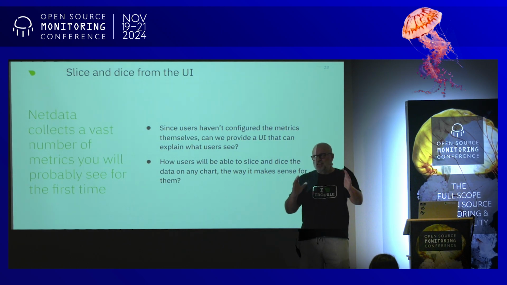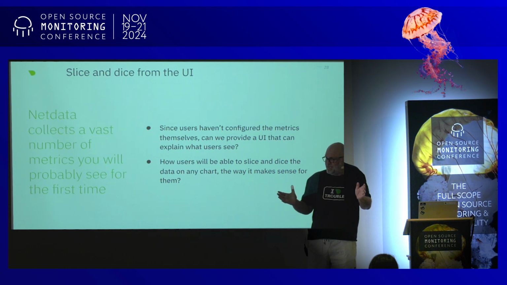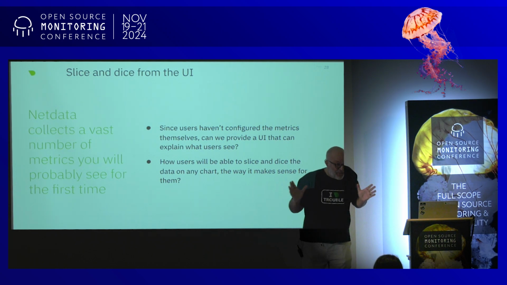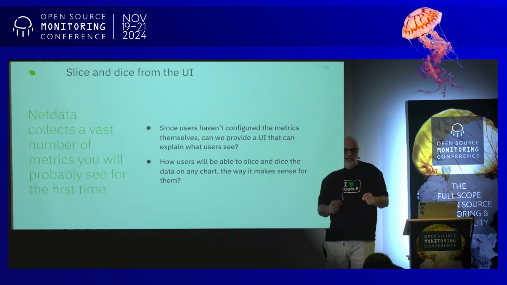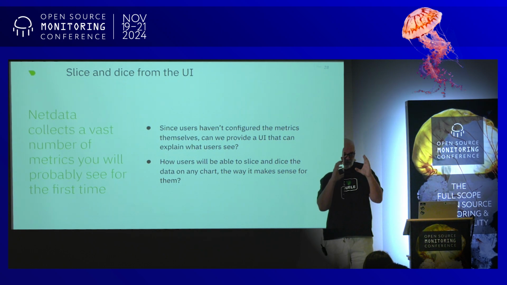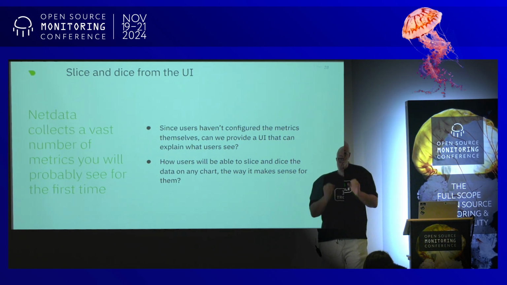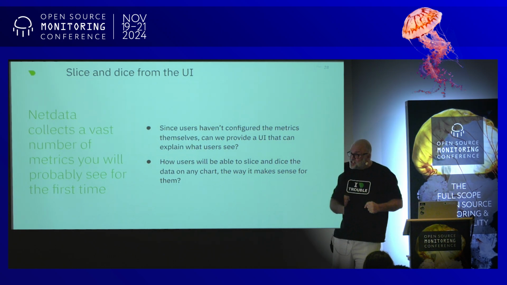And you see all the metrics for the first time. For the first time, you never experienced it before. How can we make you grasp the information you see? What should we add on a chart to actually allow you to really understand what you see?